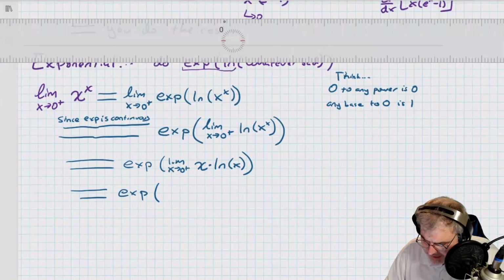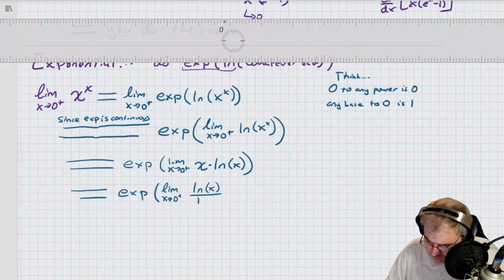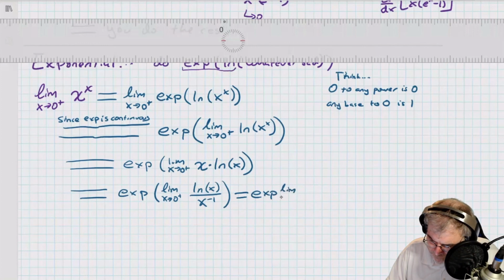Now this thing right here is a product that I'm about to turn into a quotient. That's x to the minus 1.